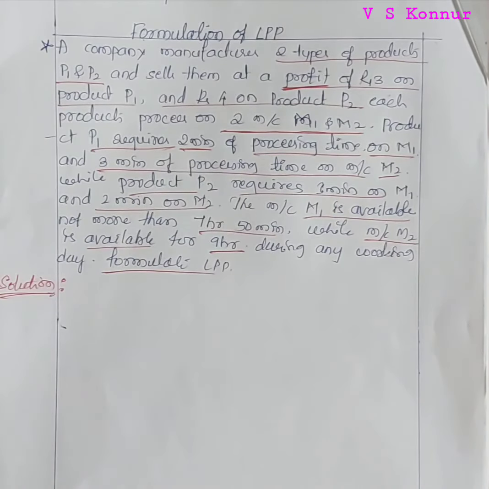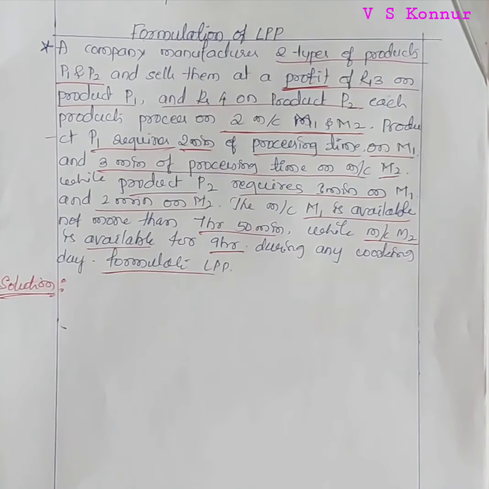How to formulate LPP? We know that in theory we have studied, first we have to define decision variables, that is nothing but x1, x2, x3, till xn. Then we have to define the objective function, which consists of maximization of z or minimization of z.